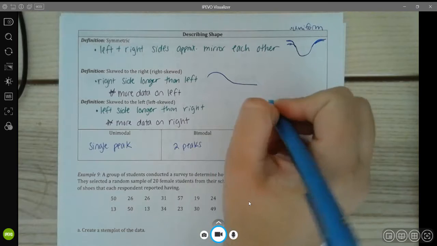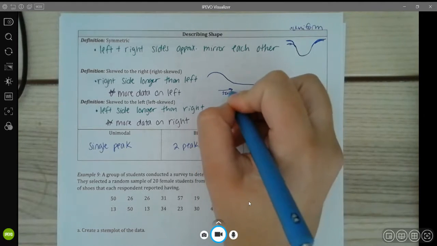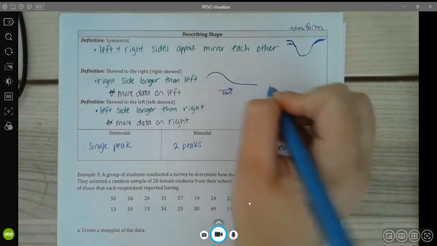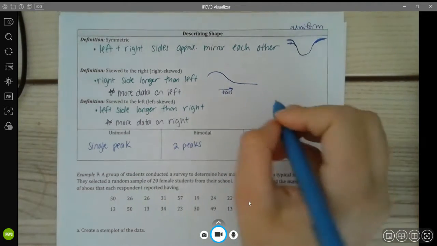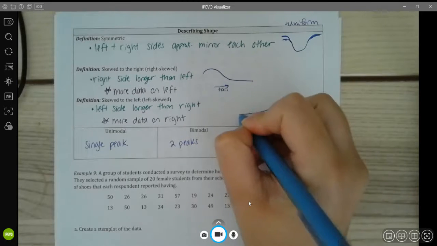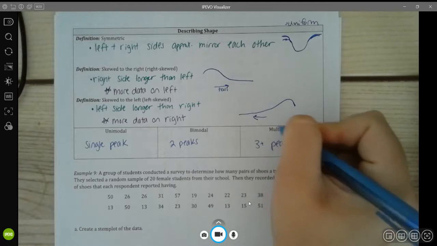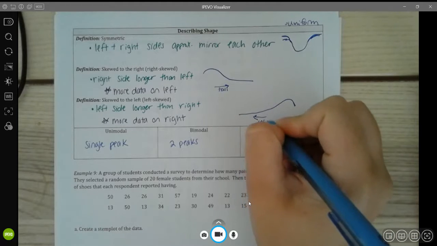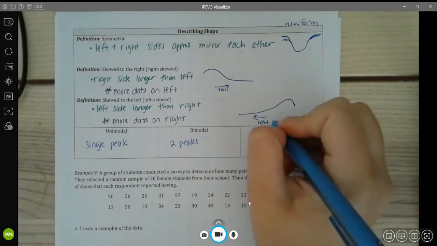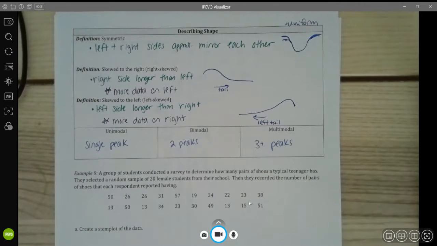We think of this as right skewed because the tail is to the right. Left skewed is the opposite direction. There's more data to the right, and it trails off to the left. So that's the difference between left and right skewed data.